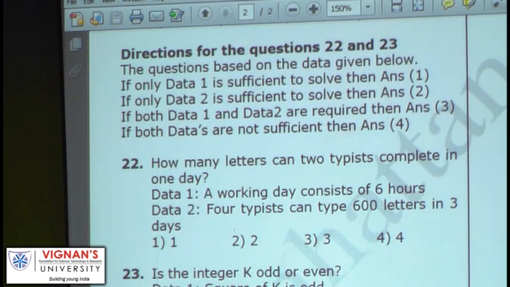Then how many letters can 2 typists complete in one day?